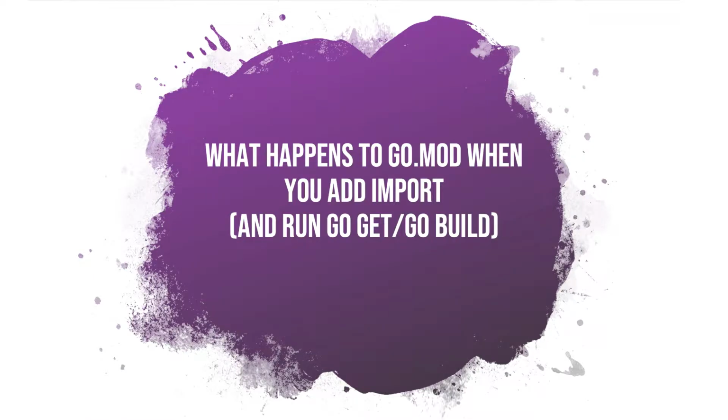So let's try to see what happens to the go.mod file when you add an import. You added an import in your source file, and then you run go get or build. Go will access the import that you just added as a URL, and it will check if it is a version control.